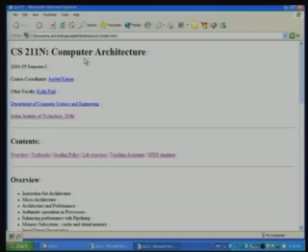Let me give you an idea of the course home page, which I am going to use to carry out various announcements, put all the information about the course here, the description of lab exercises and so on.